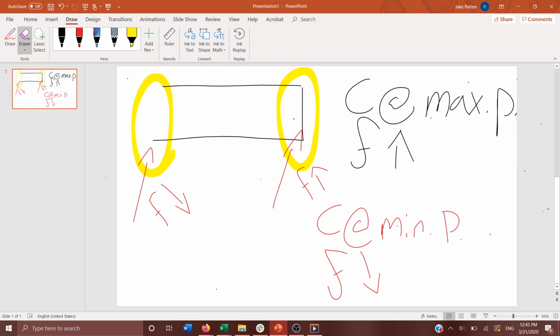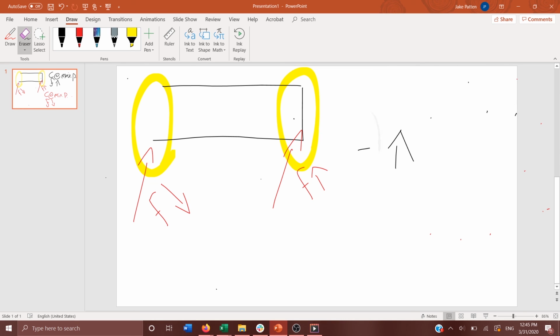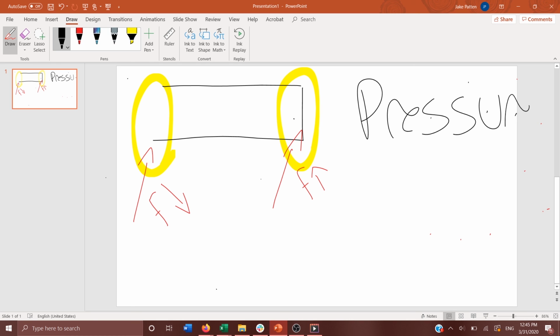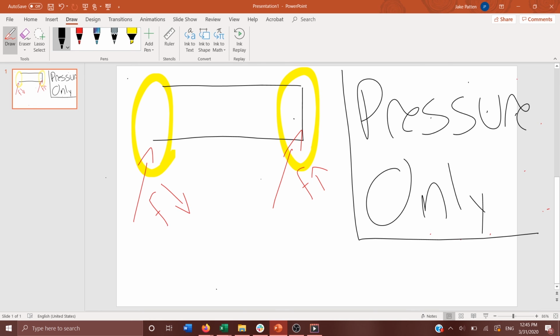On your exam, when I give you graphs with this, I am only going to ask you about pressure. Pressure only. I'm not going to give you graphs for velocity and pressure to confuse you. Any graph I show you that's in a tube is going to be pressure only.